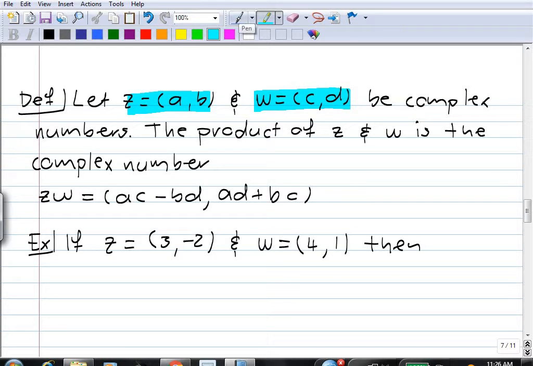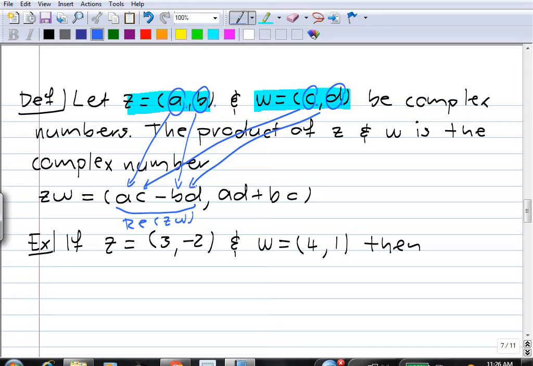Now, how do we multiply them? Well, for the real part of zw, we take the real part of z and the real part of w, and multiply them. Now we take the imaginary part of z and the imaginary part of w, we multiply them and subtract.